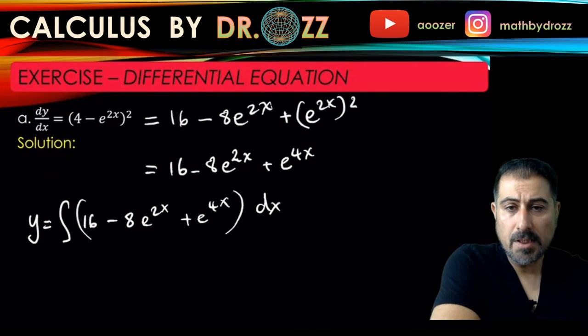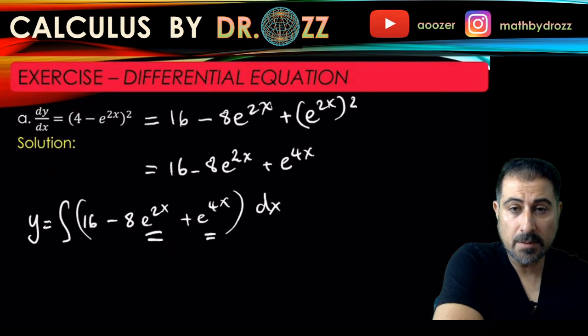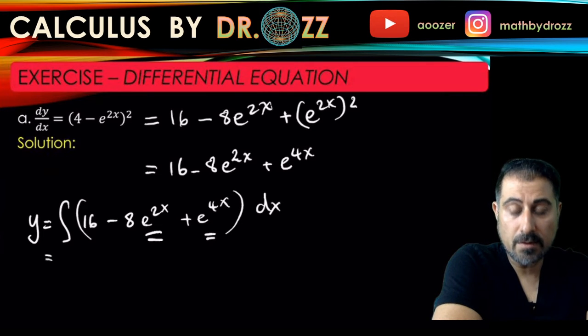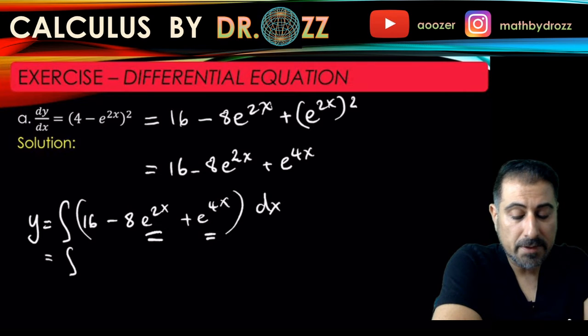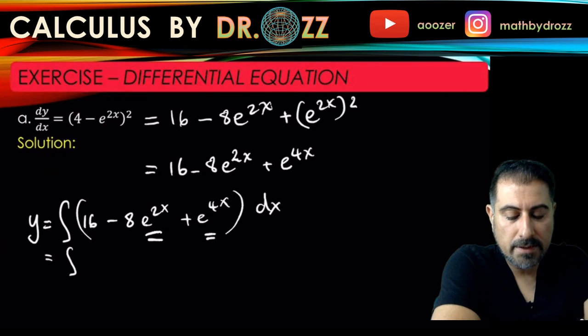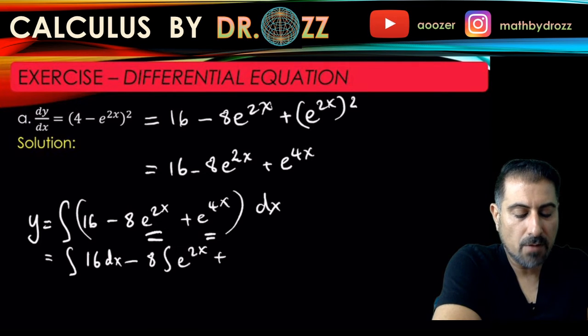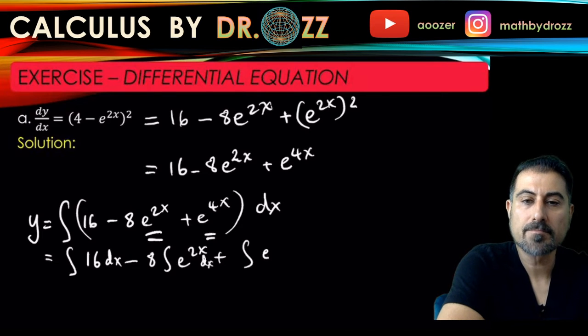Each term here is different from the others. Even though e to the 2x and e to the 4x look similar, they are not, because they have different exponents. So all I'm going to do is split this integral into 3 integrals by the divide and conquer technique: 16 dx minus 8 e to the 2x plus e to the 4x dx.